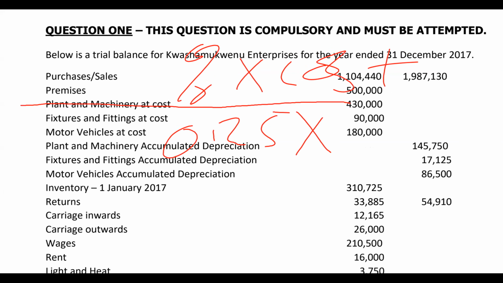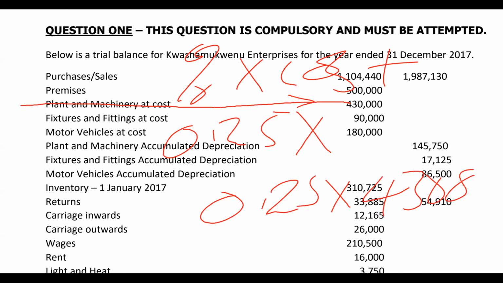Oh, okay. Yeah, it's 430. So you do 25% of 430, like 0.25 times 430,000. And what do you get as the depreciation? 107,500.